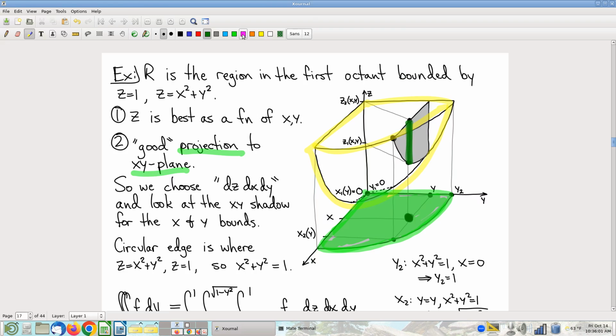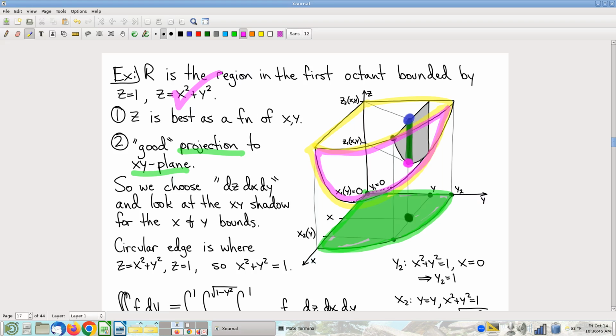We're going to talk about the starting point of that slice, and then the ending point of that slice. What I mean by the bottom surface is the surface that point is always on, consistently. So no matter which point you look at in the shadow, when you go straight up from there, what's the first surface that you hit? It's always this purple paraboloid every time.